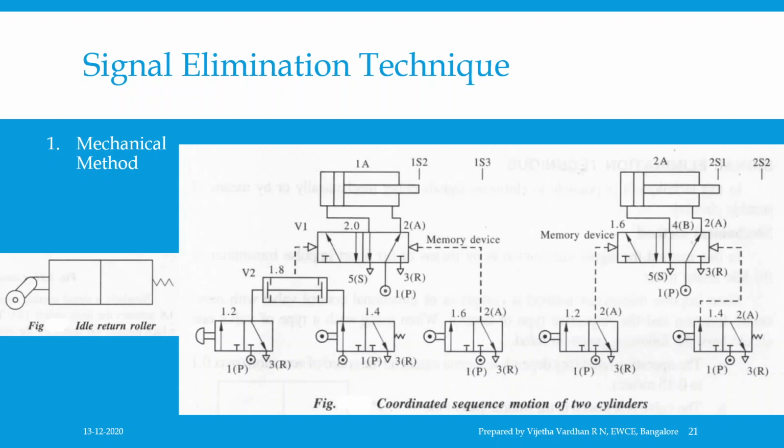This is achieved by blocking the signal downstream of the signal element by means of a reversing valve, or by supplying energy to the signal element only when the signal is required. A double pilot valve is used for the effective operation of the reversal. That is called reversing valves. That is what we have discussed.